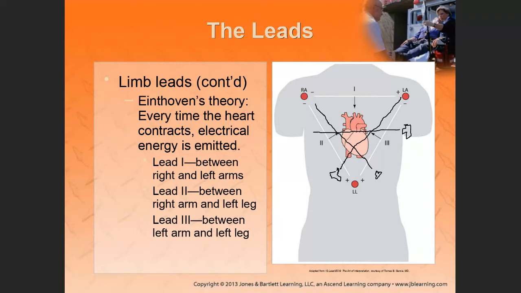Camera is here. So lead 1 looks at the left side, lead 2 looks at the inferior portion of the heart, and lead 3 looks at the inferior portion of the heart. So that's your 3 bipolar limb leads.